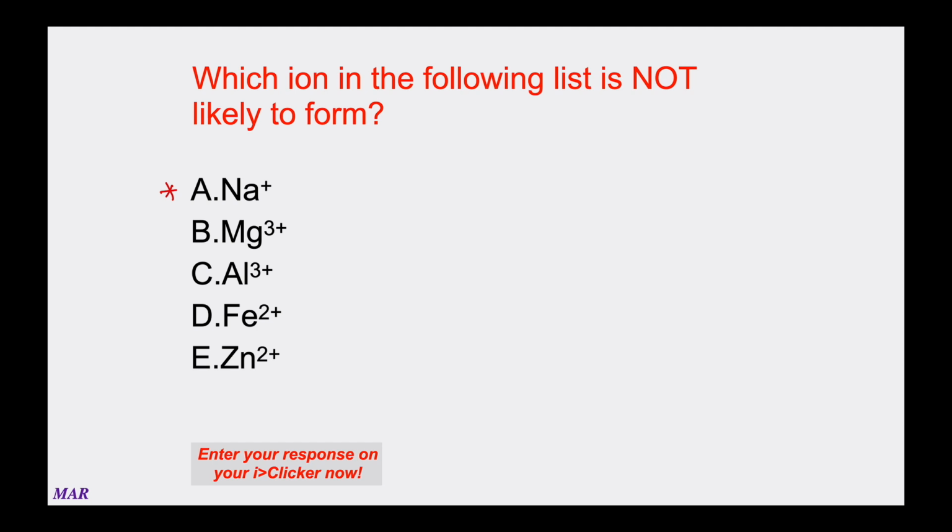The stairs are the weird 6 elements that I talked about in lecture, and 2 of the atoms on this list are part of the stairs, and that includes aluminum and that includes zinc.